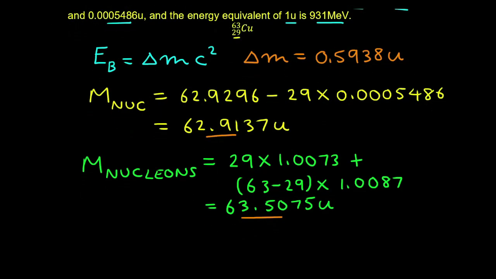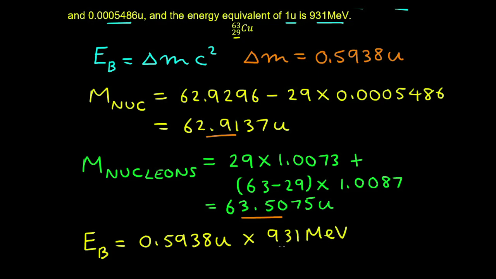And we're given the energy equivalent of one atomic mass unit being 931 mega electron volts. So therefore the binding energy is the mass defect multiplied by 931 mega electron volts per atomic mass unit.